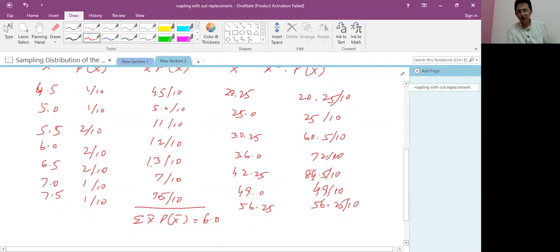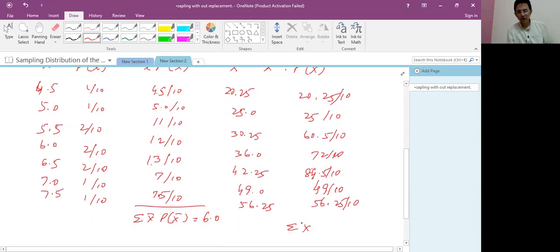So when we find the sum with the help of a calculator, summation x bar square into p of x bar is equal to 36.75.